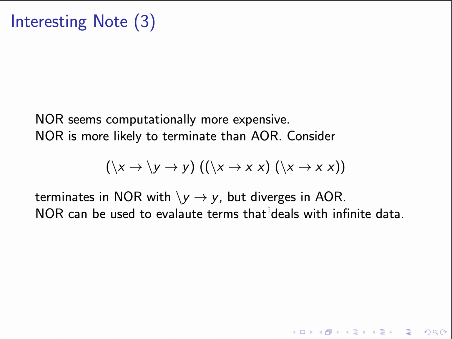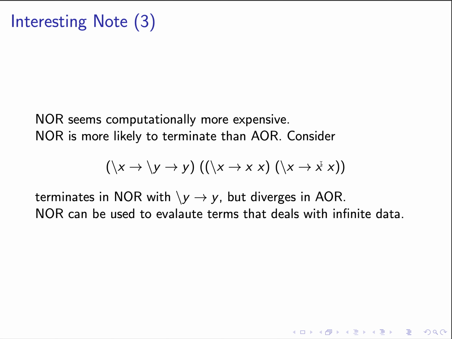That relates to the third note. Normal order reduction seems to be computationally more expensive, but its strength is that it is more likely to terminate compared to applicative order reduction. For example, consider this program. If we apply normal order reduction, we will actually ignore the fact that the actual argument eventually bound to x is non-terminating, because in normal order reduction we reduce the outermost redex, and that immediately drops this non-terminating part that we learned about on the last slide.